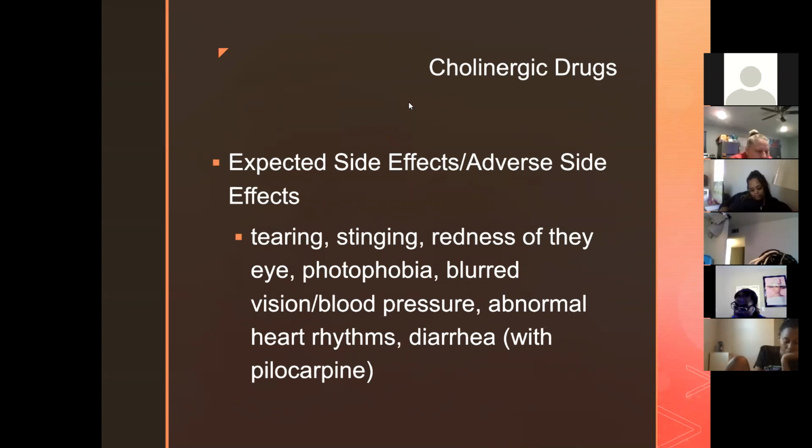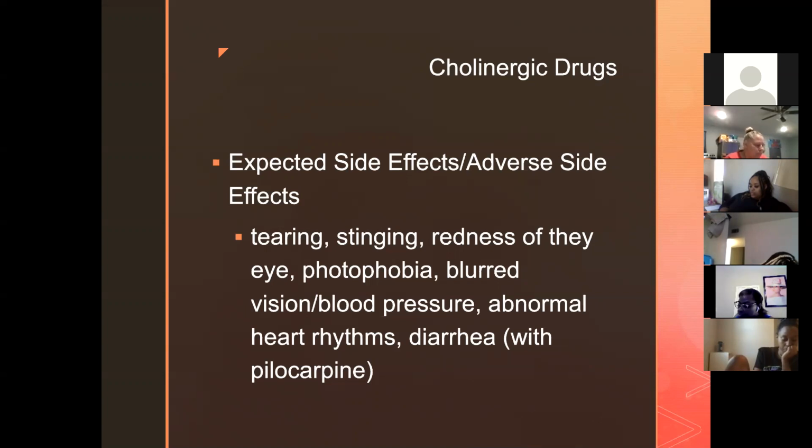Right, so for this one, you do have some expected side effects for these medications as well. Your patient may feel tearing or excessive tearing. They may have some stinging sensations, redness of the eye, photophobia. They may have some blurred vision as well. Some adverse effects for them could be blood pressure changes. They may end up having some abnormal heart rhythms.